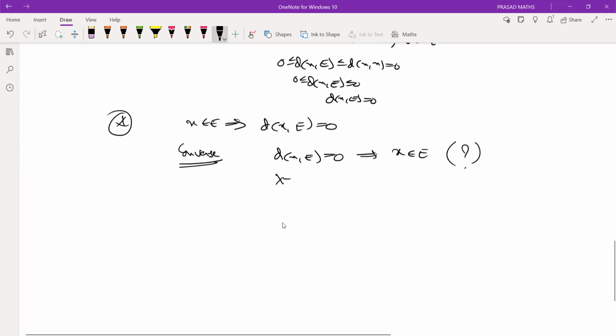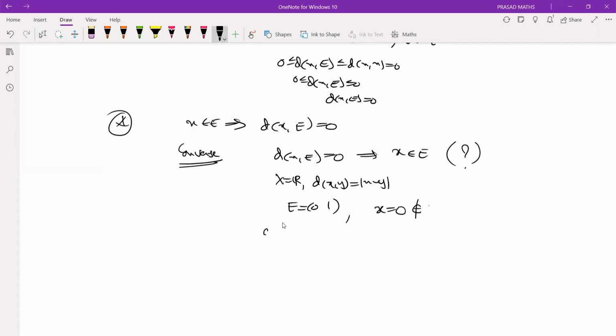Suppose you take x in R with respect to the usual metric. My set is actually the open interval (0, 1). So my point is x equals 0. Clearly x equals 0 does not belong to the set E because my set is the open interval (0, 1). Therefore, 0 does not belong to E.